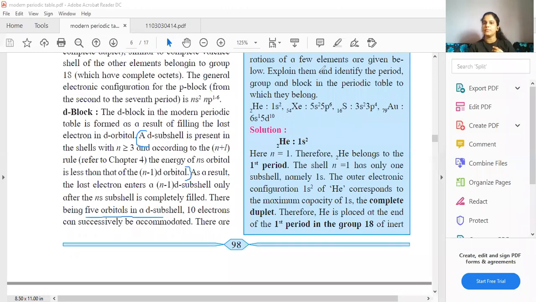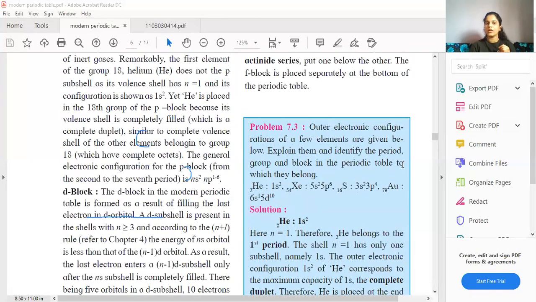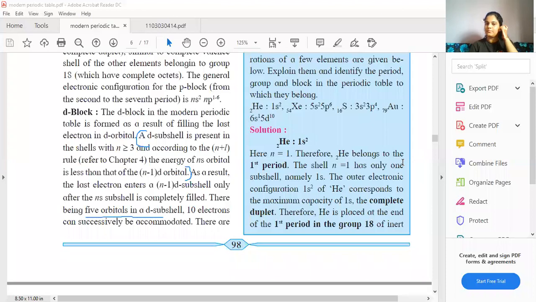Just a minute. Someone texted something. Miss, then why is d written first in the periodic table? Vaishnavi, I didn't get your question. Please elaborate and ask what you are trying to ask. Okay, wait, she sent something.